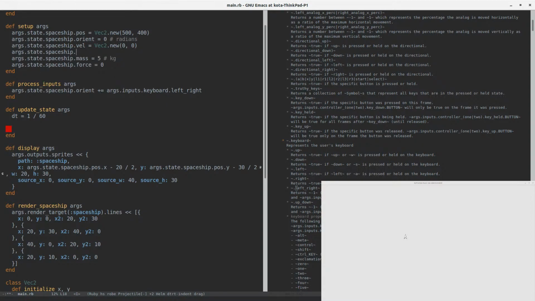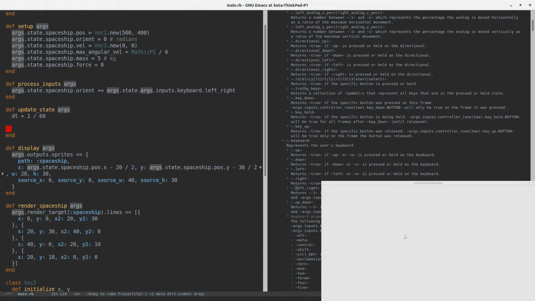So we also have our max angular vel, which is our maximum rotational velocity here. So we'll actually do math pi over, why don't we say over 6 for now.